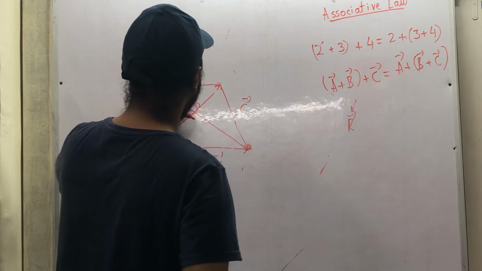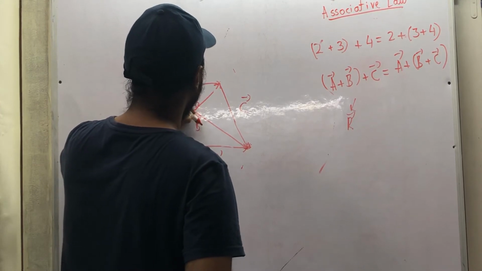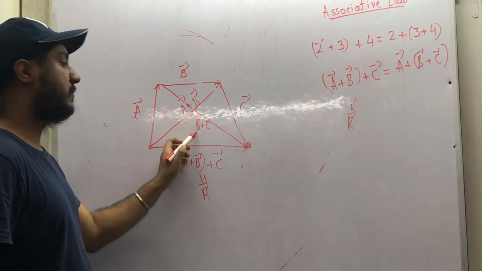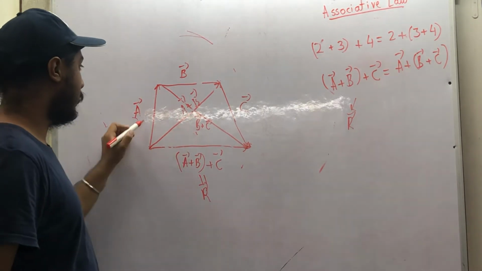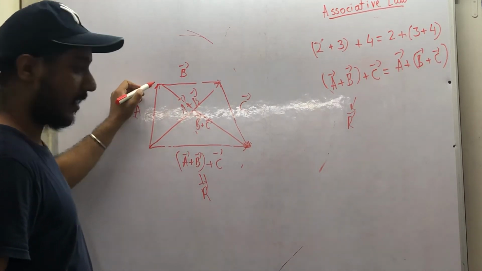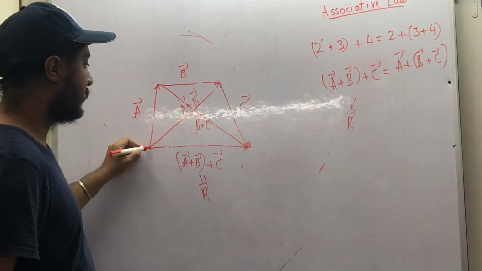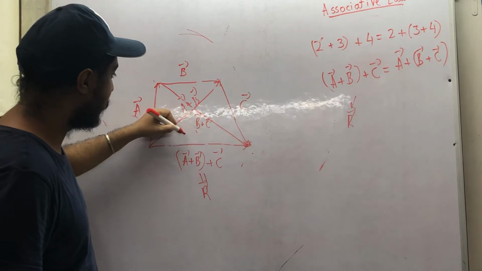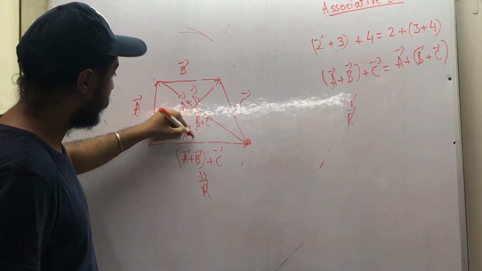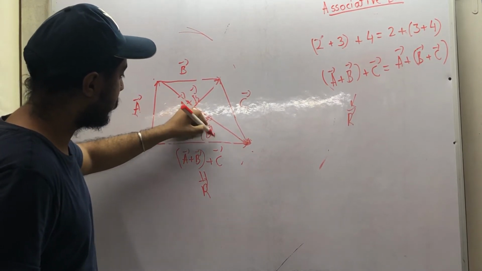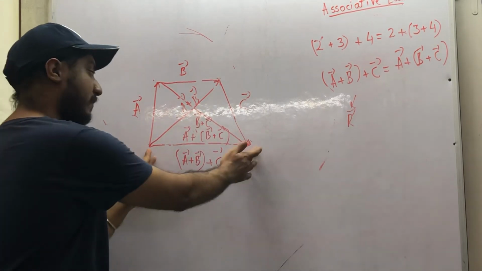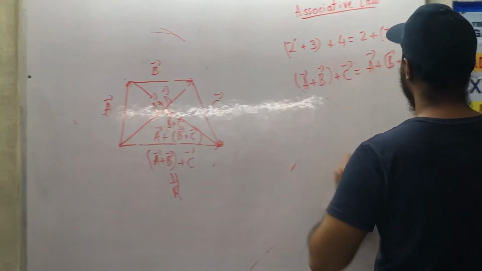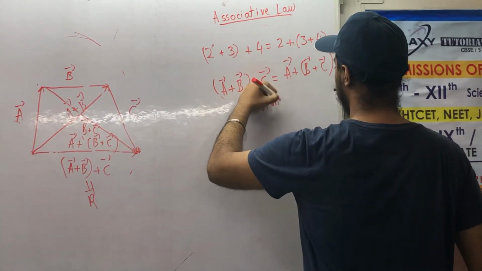So this will be vector B plus C. And now A plus (B plus C). You can see here, this is vector A and this is B plus C. So what will be the resultant? In the same direction. So again you will get the same answer here, vector A plus vector B plus vector C. So the answer came the same, the value is the same. So what does it mean? This is true. So you can write here, hence verified.